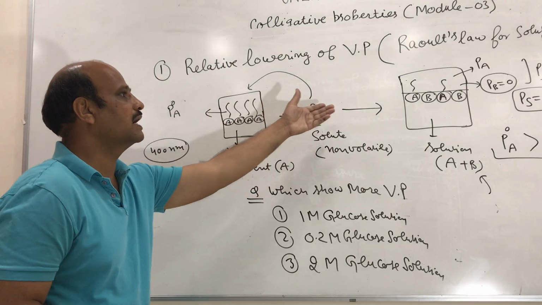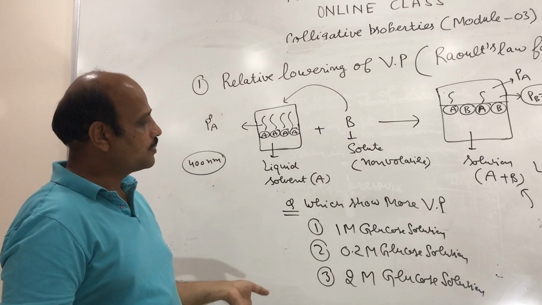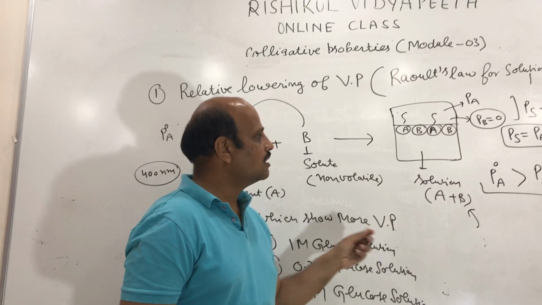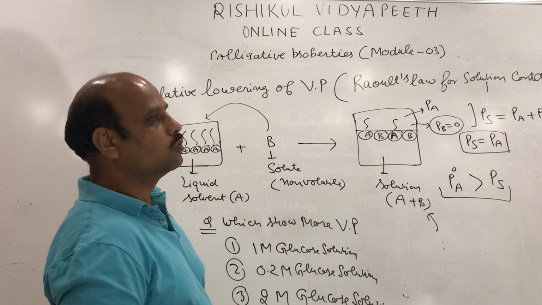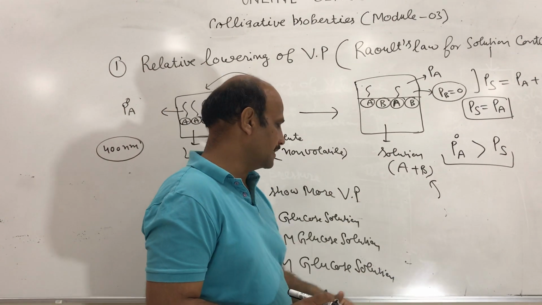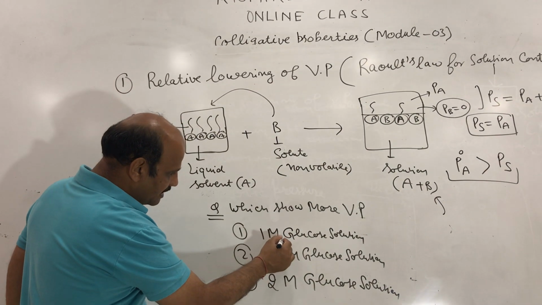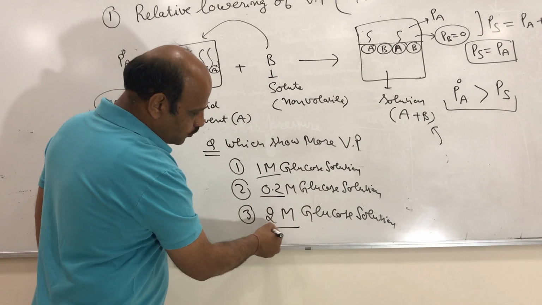Now here we have discussed by addition of non-volatile solute, vapor pressure goes on decrease. The more non-volatile solute is added, the more vapor pressure will be decreased. Here quantity is 1 molar, here 0.2, and here 2 molar.